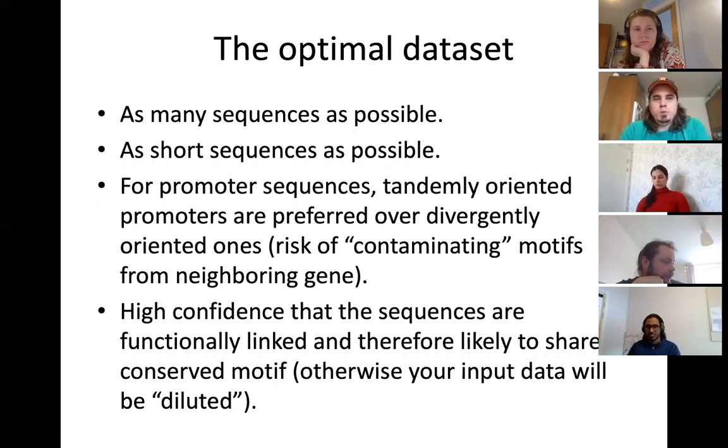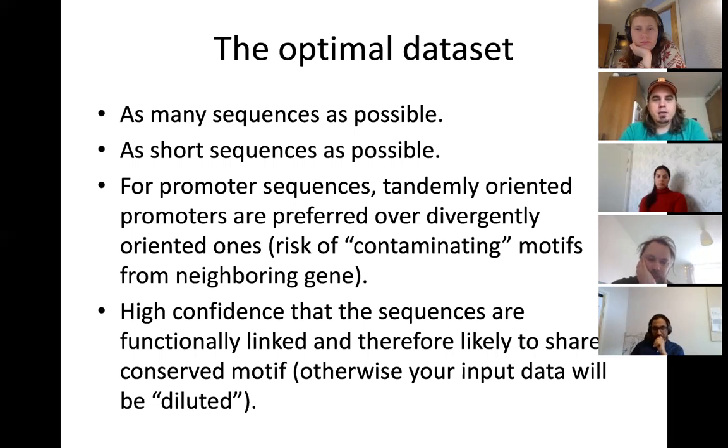When you do motif searches, you should try to have as many sequences as possible. It would be ideal if they are as short as possible, but that's beyond your control. It's just nicer if they are short, because then the information has a smaller place to hide. When you have promoter sequences, the orientation of the upstream gene can make it more or less difficult for you to find motifs.